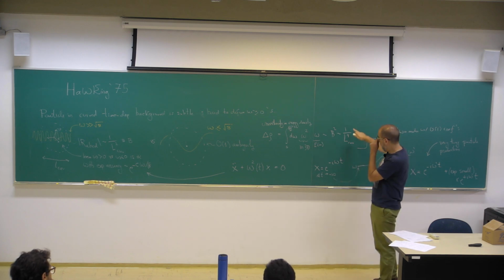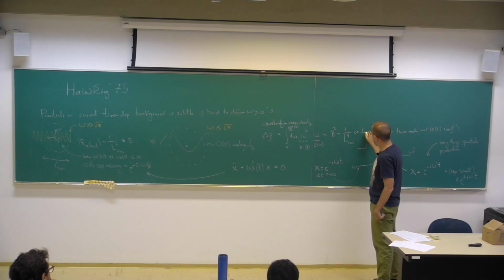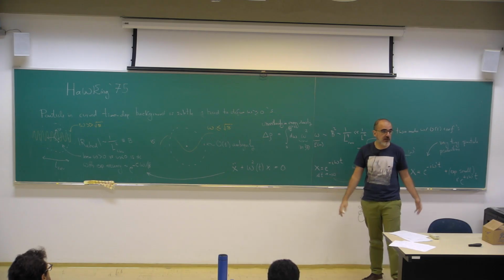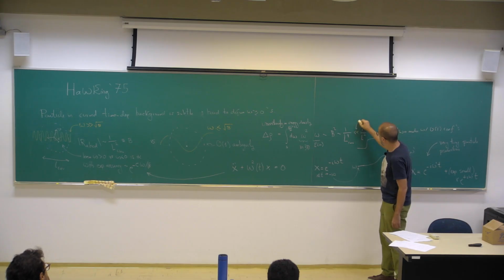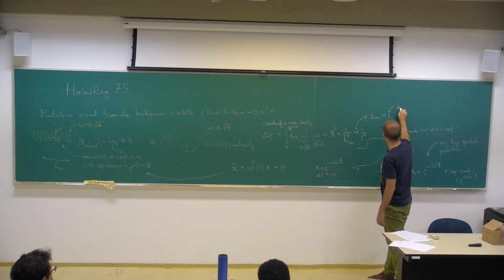And you see that 1 over the curvature radius to the power 4 is much smaller than 1 over the curvature squared, if this L curvature is much bigger than 1, and 1, if we put back the units, is the Planck length, if we put back h bar and c.